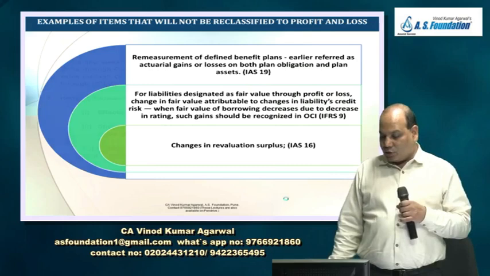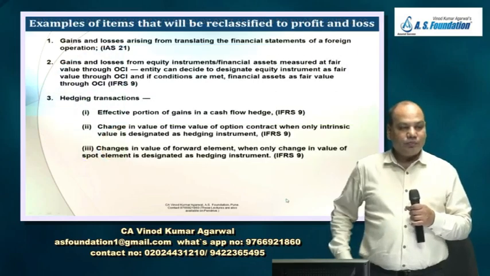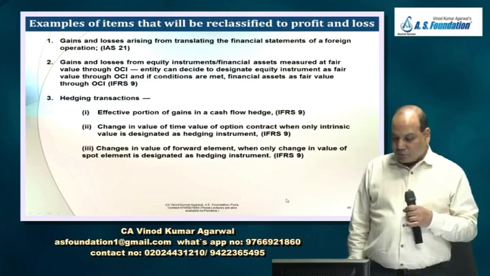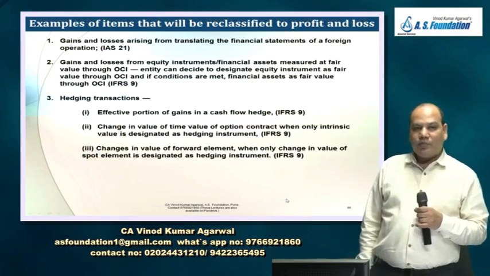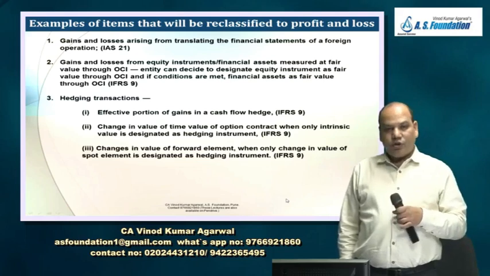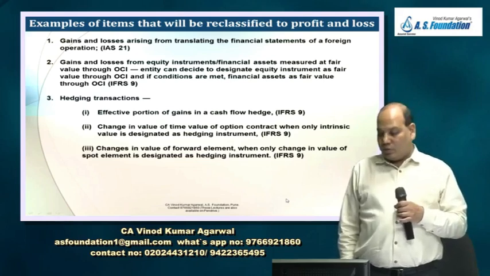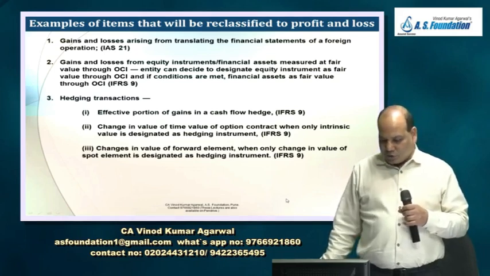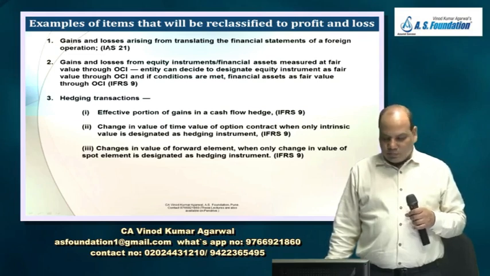But it will not be transferred later to profit or loss. Next are examples of items that will be subsequently reclassified to the P&L account as per the requirement of the respective standards. I have given you three examples here.